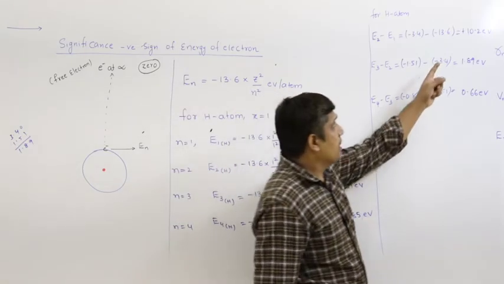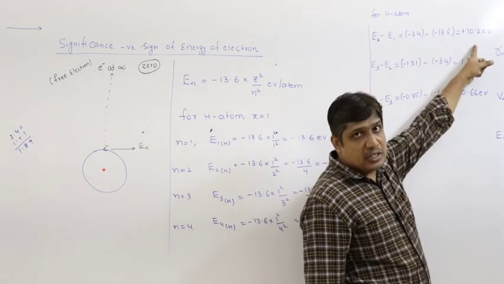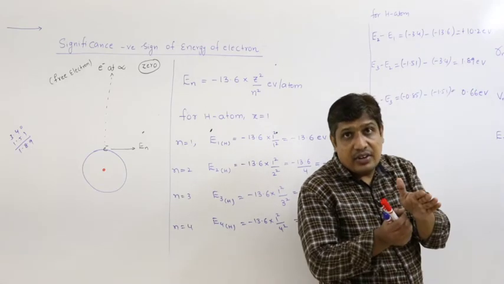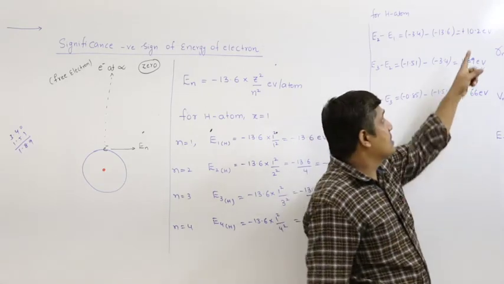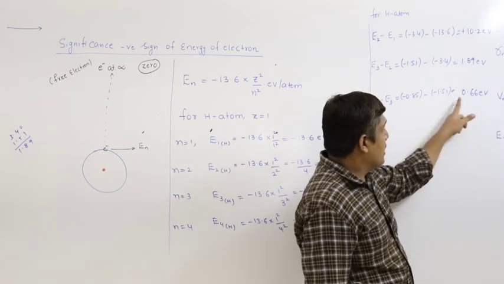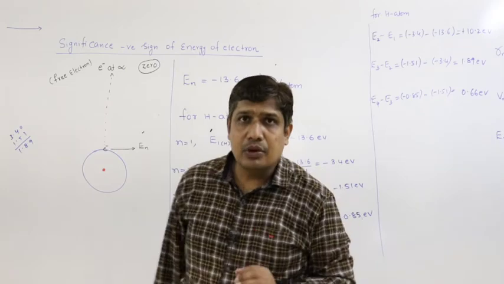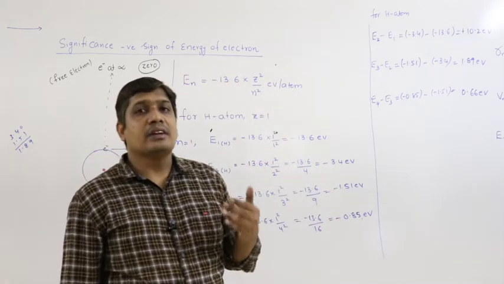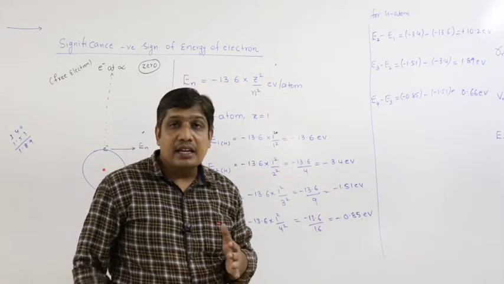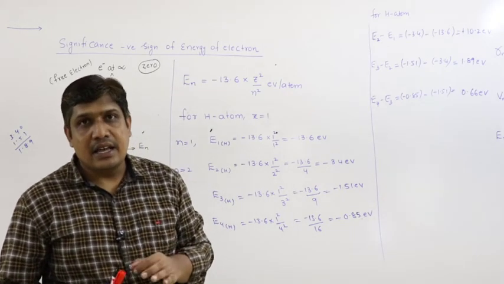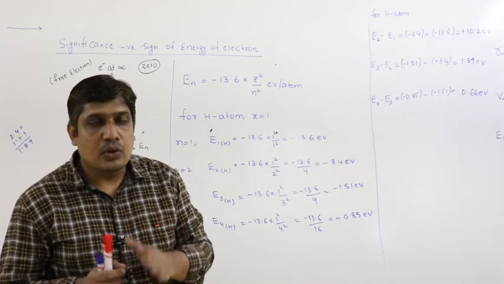As you can see, between 2 and 1 the difference is 10.2, between 3 and 2 it is 1.9, so the difference in energy decreases. Next, between 4 and 3 it is 0.66, it further decreases. So the point to be noted is, as n value increases, the energy difference between successive energy levels decreases, or energy levels become closer and closer.